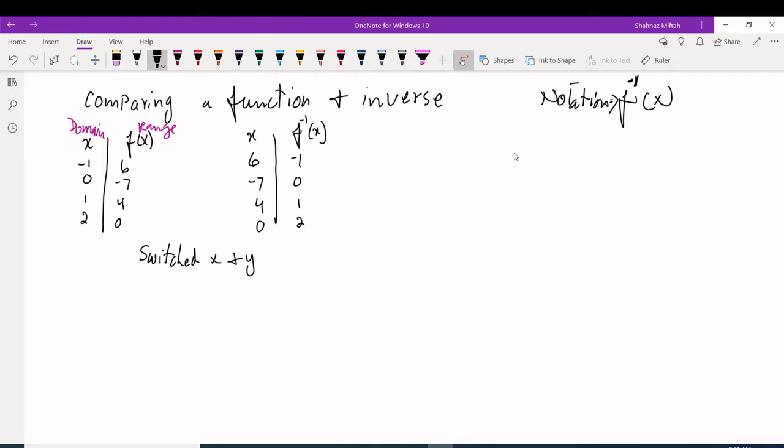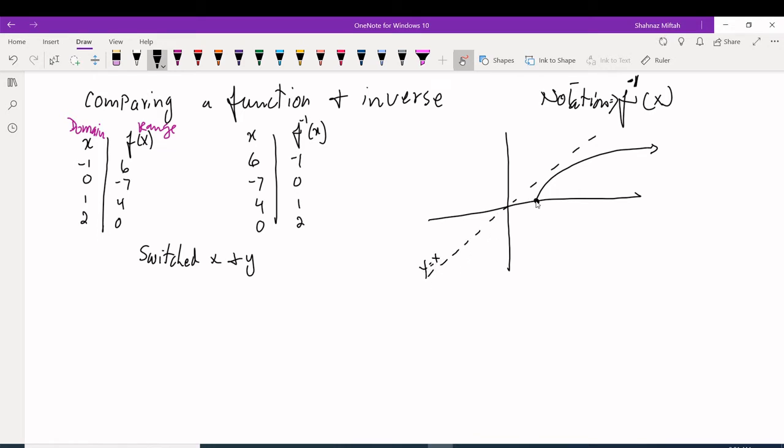Now, if you have graphs, then how would you decide about the inverse function? For example, I have a graph, and the graph is something like, I'm starting here, and the graph goes like that. So do we have an inverse of this? You're going to draw y equal x. This is the y equal x graph.